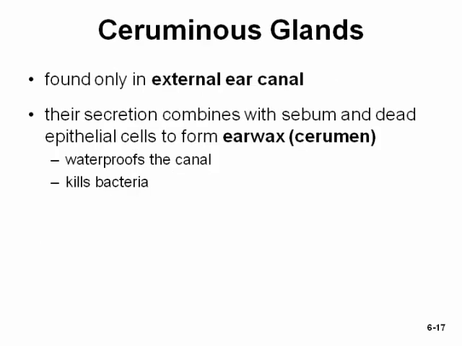And of course, we wouldn't be complete without talking a little bit of earwax. Ceruminous glands, again, only associated with the ear canal. It's a combination of sebaceous oil as well as dead epithelial cells. The epithelial cells are what really thicken up that oily sebum from the sebaceous glands, and that's what we refer to as earwax.